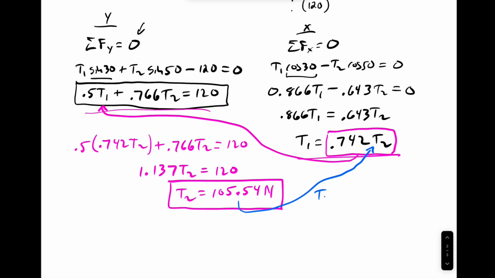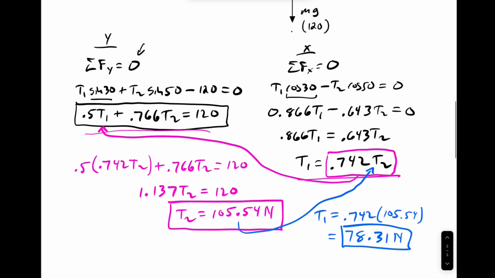And so now I have T1 is equal to 0.742 times 105.54, okay? And that's going to be equal to 78.31 newtons.